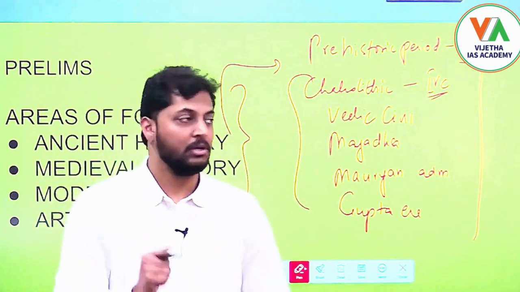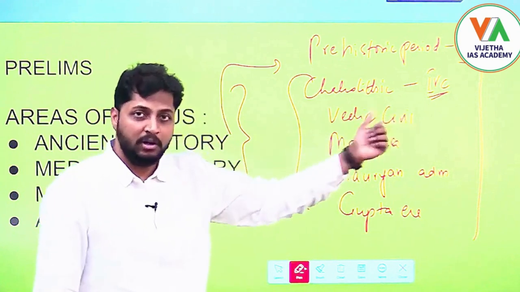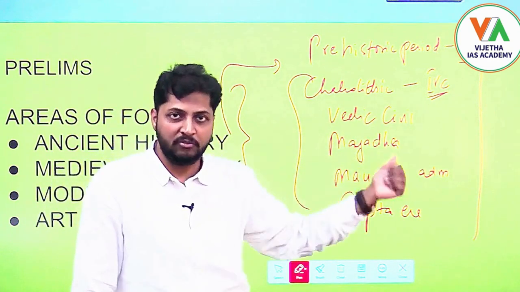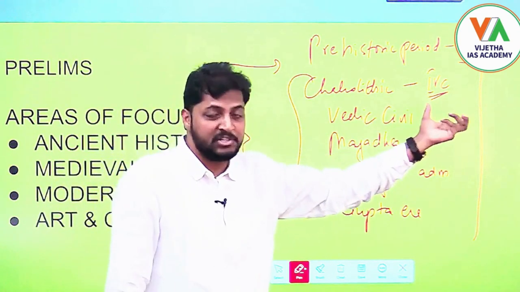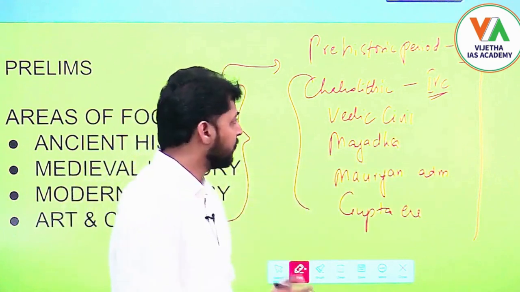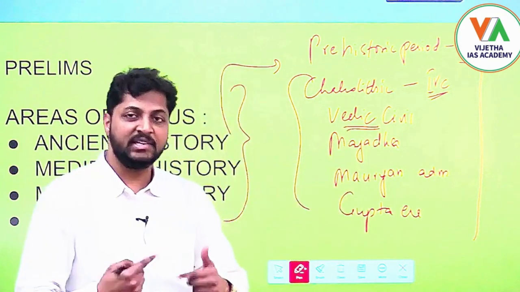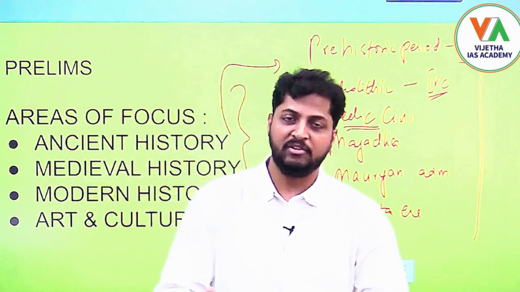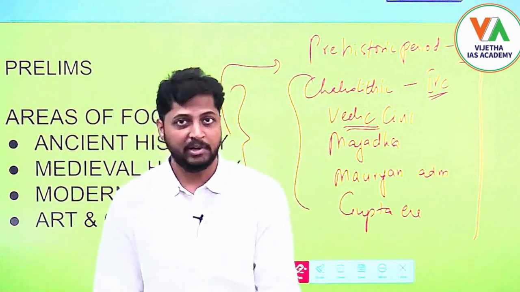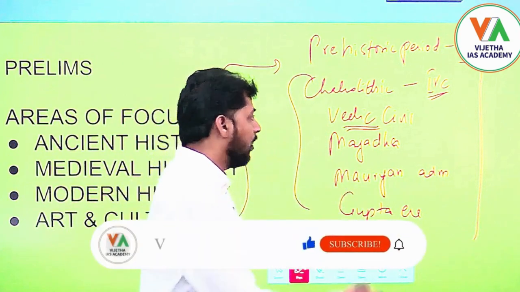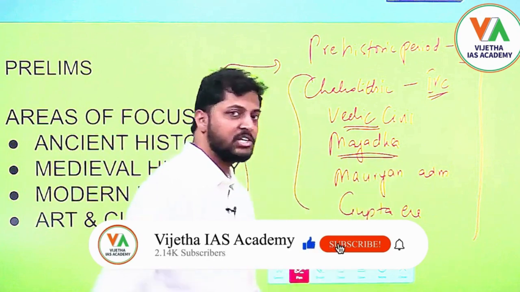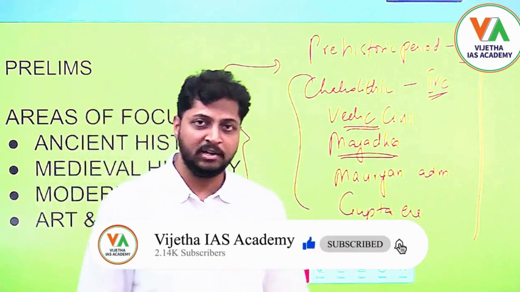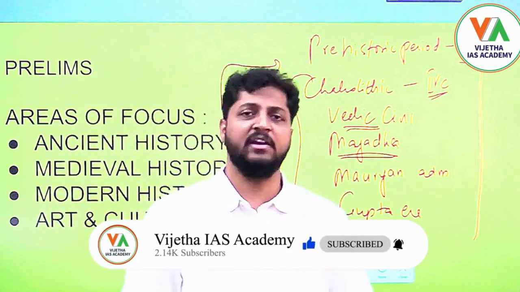Okay, so basically if we focus on these areas, especially the prehistoric period, which includes Paleolithic, Mesolithic and Neolithic ages, and the Chalcolithic period, under that we'll mostly emphasize the Indus Valley civilization. After that civilization, that is the advent of Aryans into India, the early Vedic period as well as the later Vedic period, right? And post that we'll emphasize more on the rise of Magadha, especially in the area around Bihar.